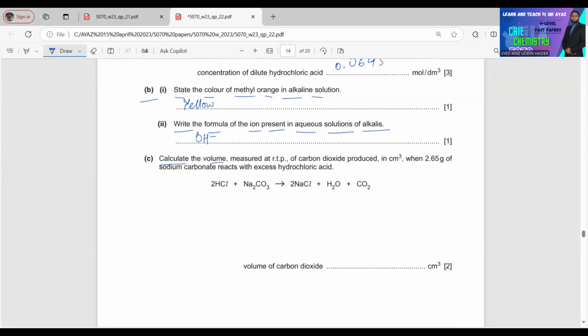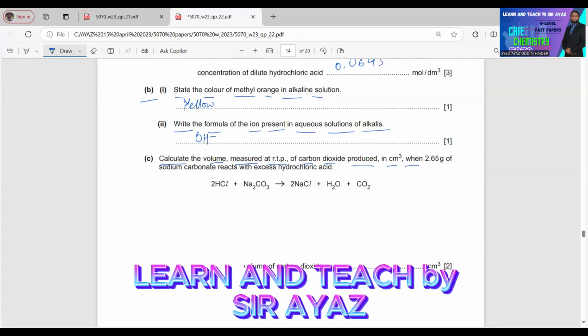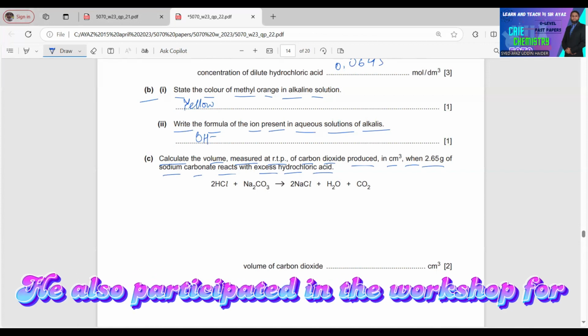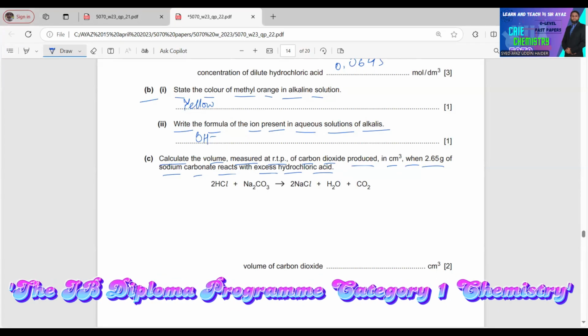C, calculate the volume measured at RTP of carbon dioxide produced in centimeter cube when 2.65 gram of sodium carbonate reacts with aqueous hydrochloric acid. This is the reaction equation. 2HCl plus Na2CO3 gives 2NaCl plus H2O plus CO2. Now, they have provided us with the mass of sodium carbonate, which is Na2CO3. And they want you to calculate the volume of CO2.